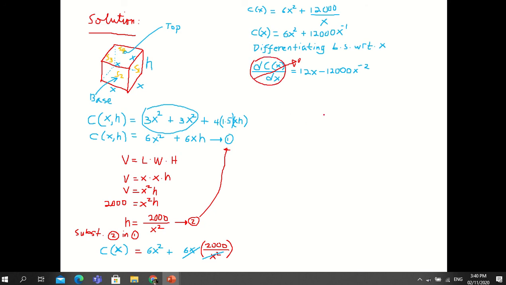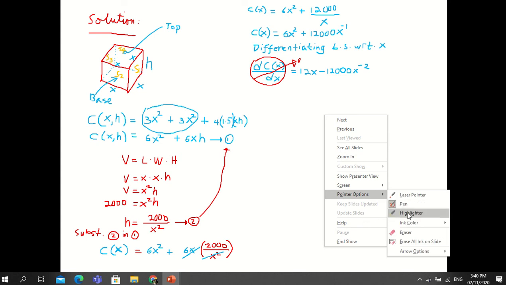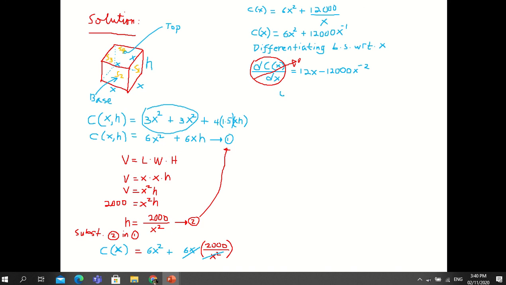So we have now 0 equal to 12x minus 12,000, and you can bring this x to the minus 2 down, and this becomes positive. So this becomes positive x squared.